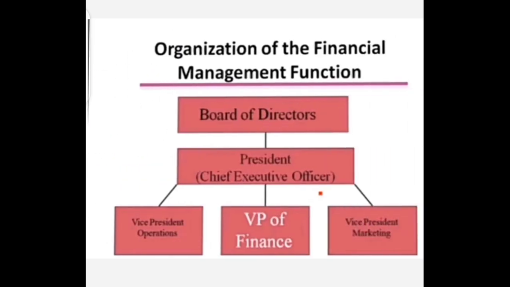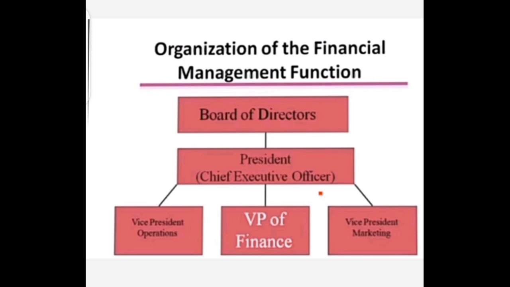Then we have the organization of financial management and management's functions. What is the hierarchy of the organization in financial management? There exists the board of directors, and they elect the president.